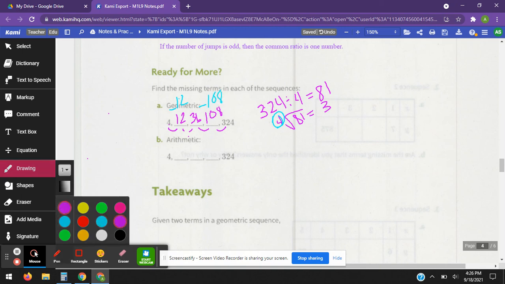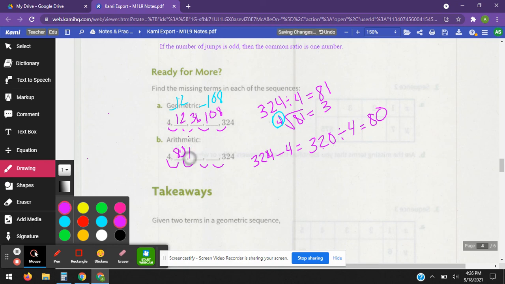All right, an arithmetic one. Let's go back to these arithmetics that we did last time. So an arithmetic one, we subtracted 324 minus 4 is 320, and then we divided by 4, 1, 2, 3, 4. Well, 4 goes into 320, 80 times. So this is 80.